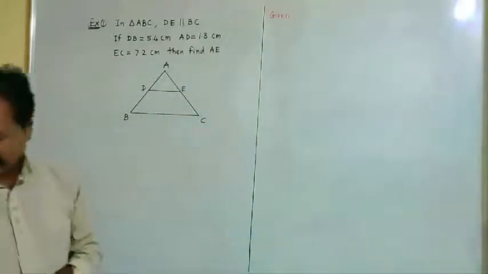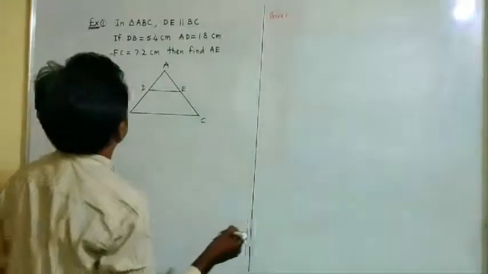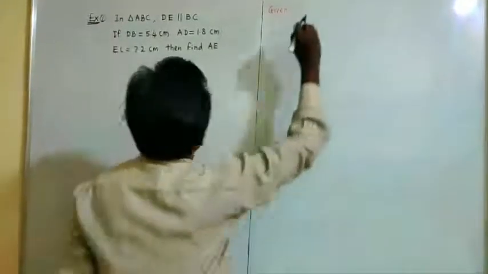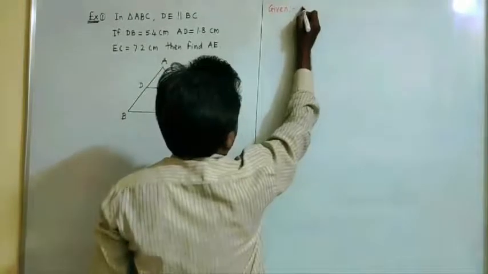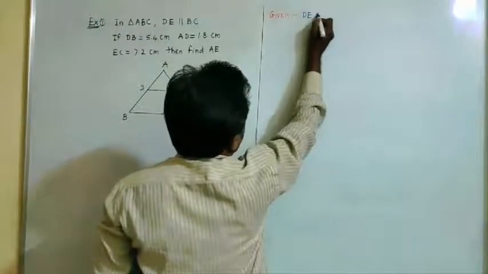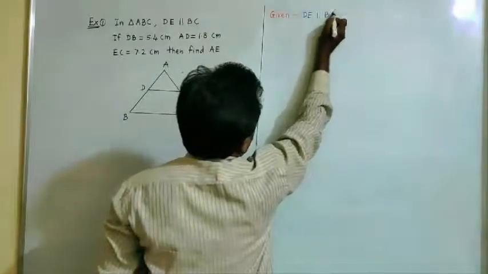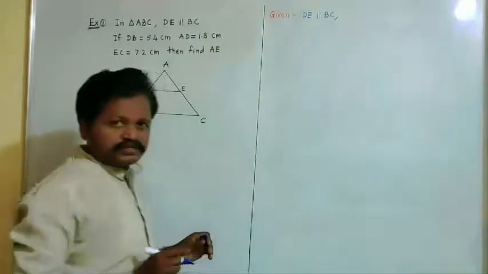You write here, given. What is given here, sir? First given: DE parallel to BC. That is one.